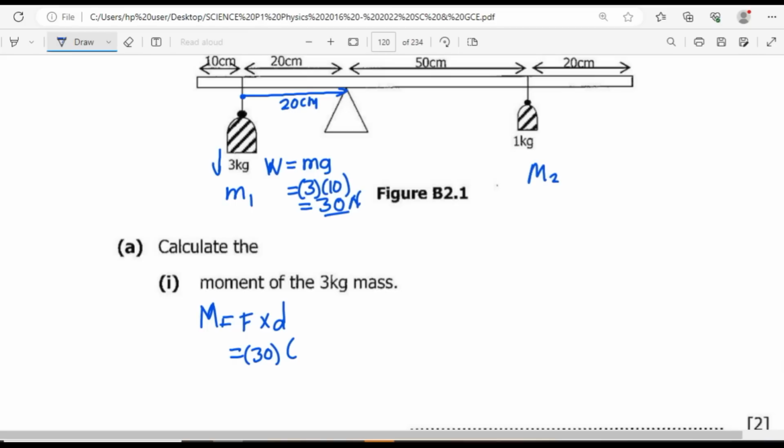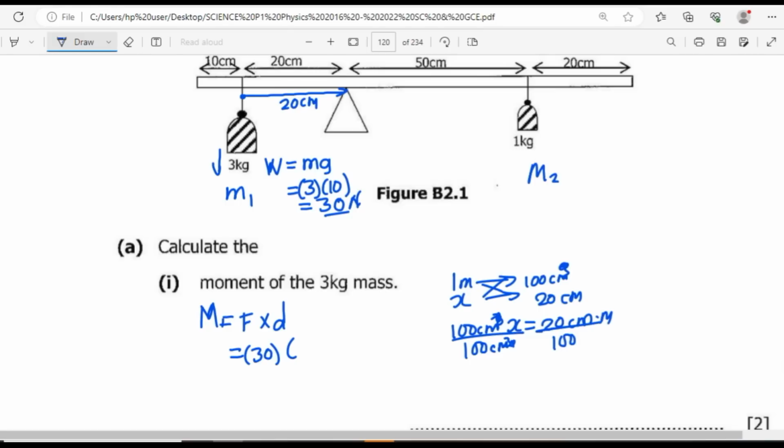Whenever you are calculating moment, you need to make sure that the distance is in meters. 1 meter is equivalent to 100 centimeters. So 20 centimeters, how can we convert it? The simplest way: whenever you are converting distance from centimeters to meters, you divide by 100.